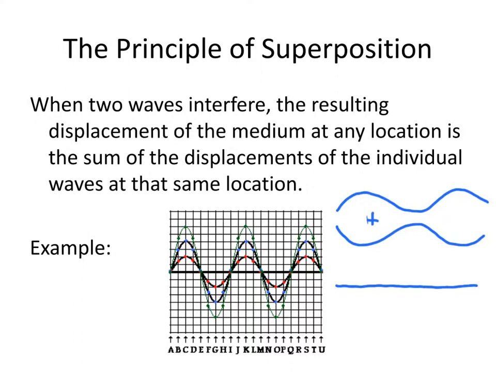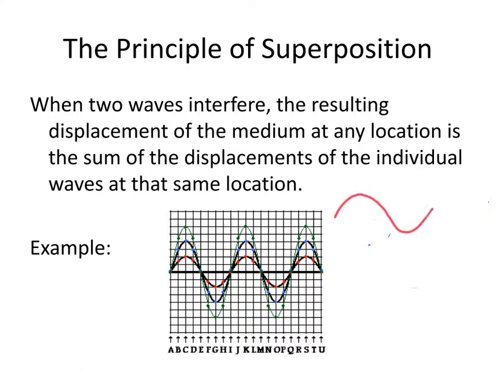If I have two waves that are in phase, then that means that instead of crests lining up with troughs, we would have crests lining up with crests. So I'll draw two waves that are in phase now. There's one, and there's another.